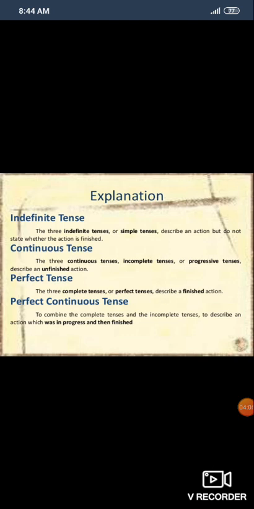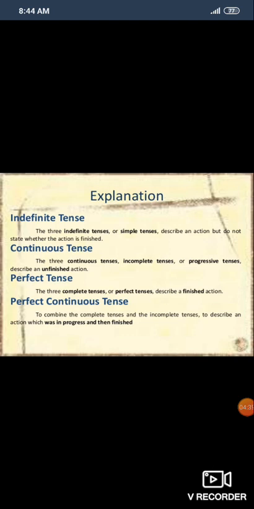Continuous tense: the three continuous tenses, three here meaning present, past and future, all three aspects are there. The three continuous tenses, incomplete tenses or progressive tenses describe an unfinished action. Now the third one is perfect tense. The three complete tenses or perfect tenses describe a finished action.